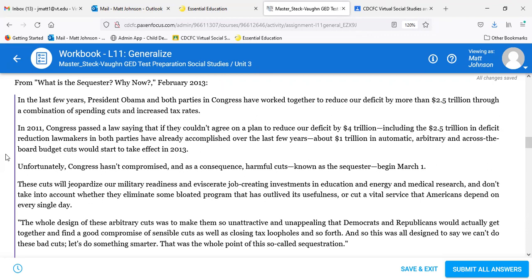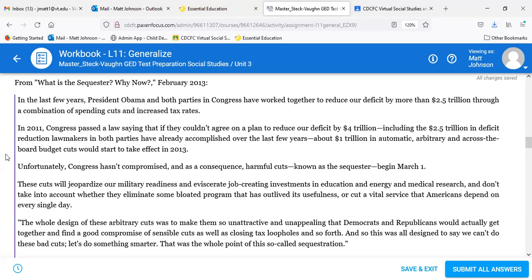These cuts will jeopardize our military readiness and eviscerate job creating investment in education to energy and medical research, and don't take into account whether they eliminate some bloated program that has outlived its usefulness or cut a vital service that Americans depend on every single day.